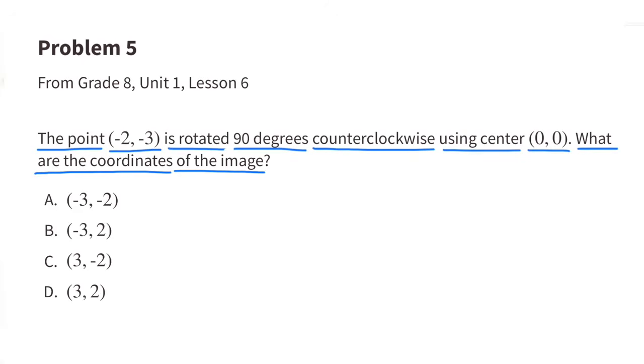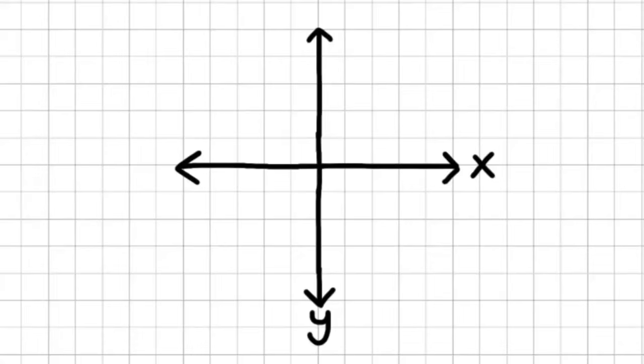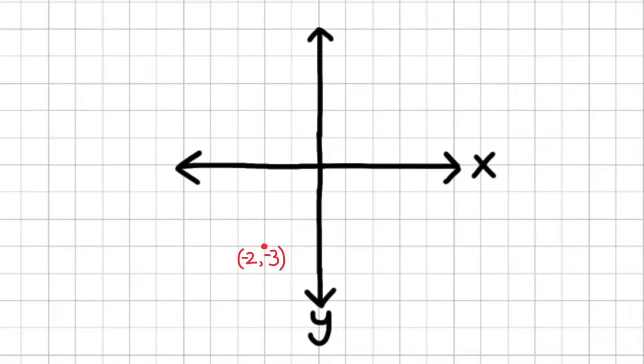Number 5. The point with coordinates -2, -3 is rotated 90 degrees counterclockwise using center with the coordinates 0, 0. What are the coordinates of the image? I'm going to start with a graph with an x-axis and a y-axis and place the original point with coordinates -2, -3.